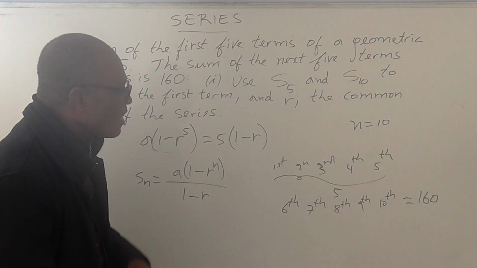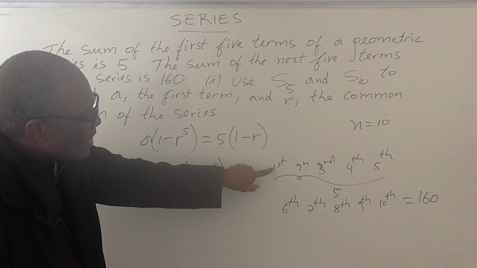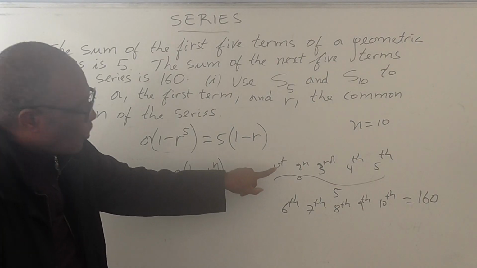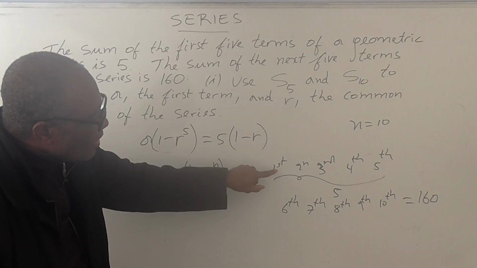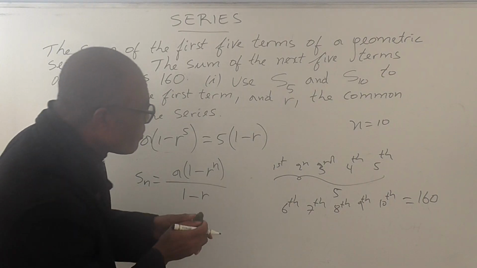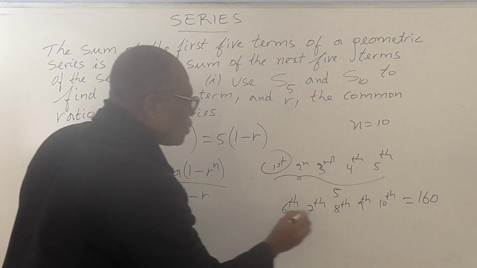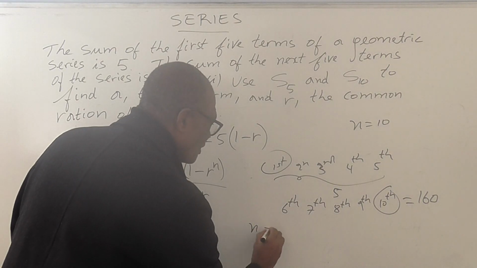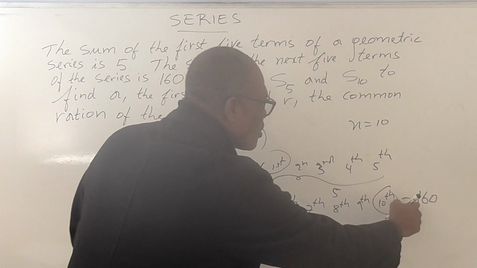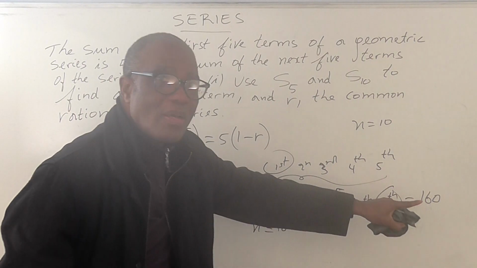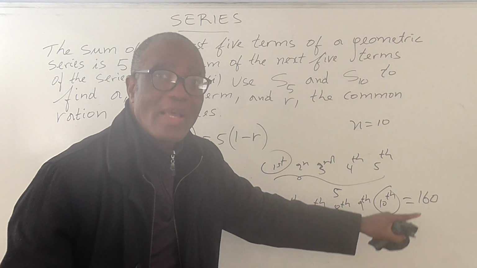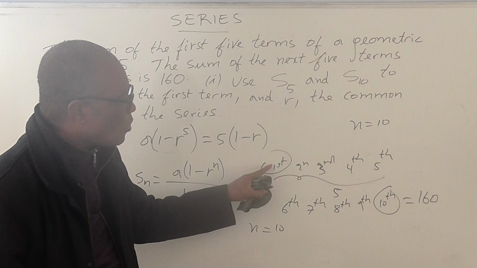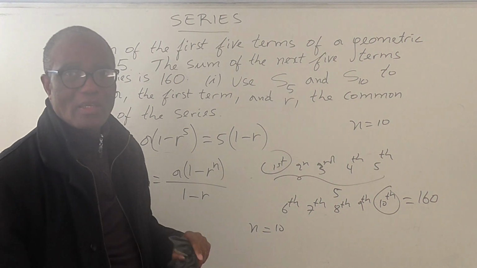So that means if we start from the very beginning, considering from here to there, we are going to have n equal to 10, and the sum will not be 160, the sum will be 165 if we consider from the very beginning.